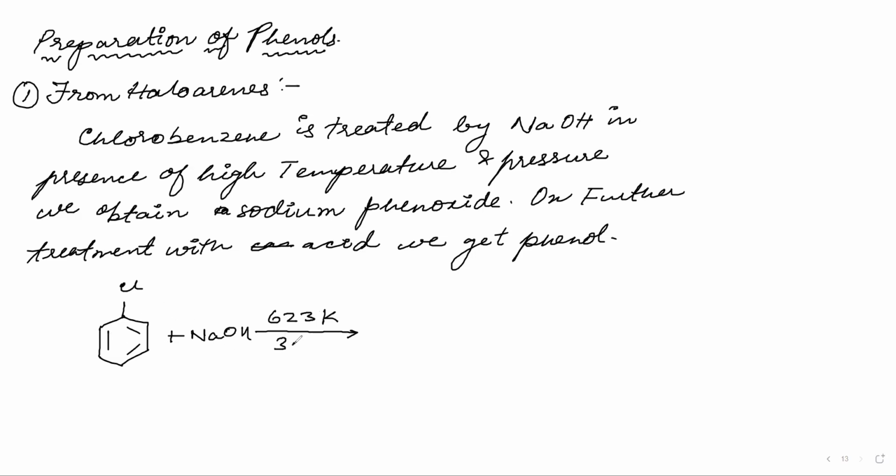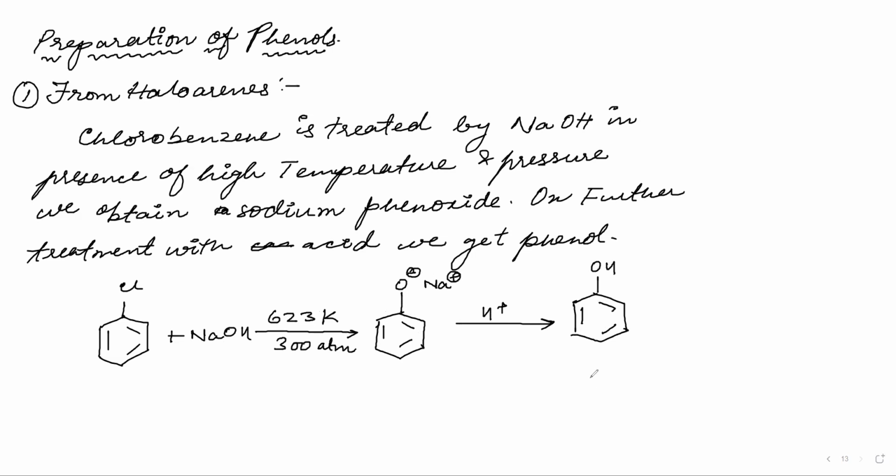And 300 atm. And you will get sodium phenoxide. What is sodium phenoxide? This is phenoxide ion with O negative and an Na plus here. A further treatment with acid, H plus, you will be getting OH. This is phenol. Okay. Copy this.